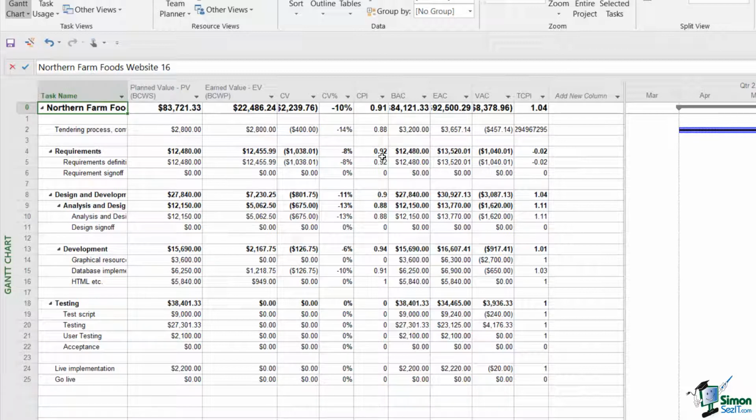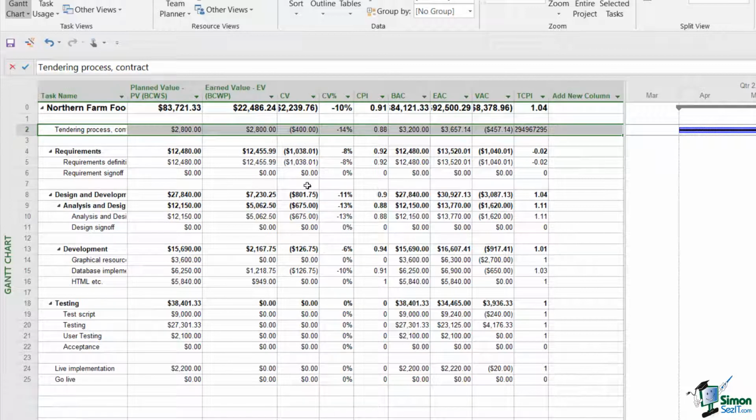Now, this is a very useful statistic because whereas with a figure such as CV equals minus $400, for instance, for task 2, it's useful to be able to put it into some kind of perspective. What does that minus $400 represent as a percentage of the value of the task?